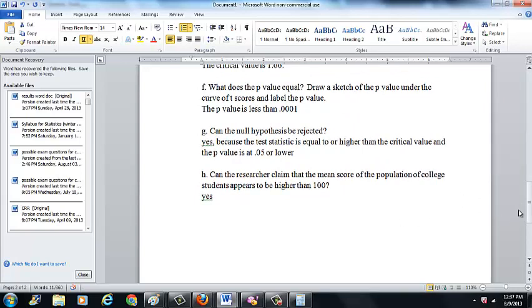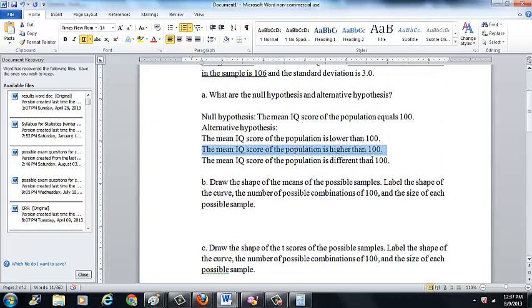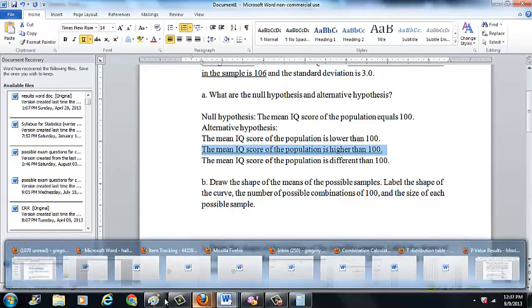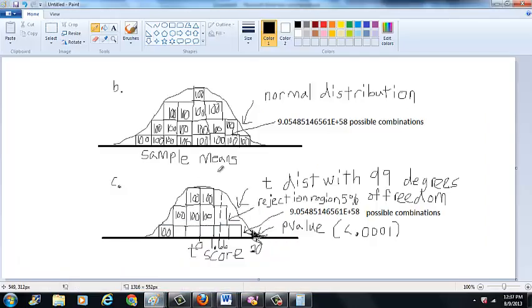I also want you, in part B, where you draw the shape of the means of the possible samples, to label the null value, which is at the center. In a one-sample t-test, the null value is the population mean being tested. We're testing if the population mean is 100. We're testing if the mean IQ is 100.